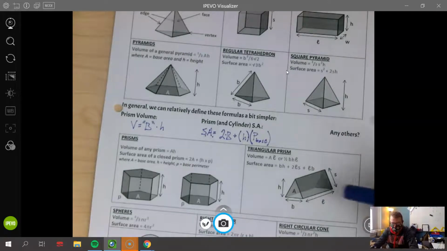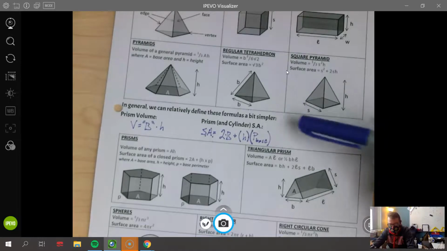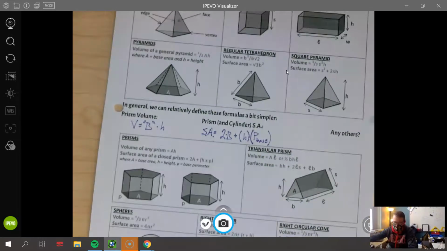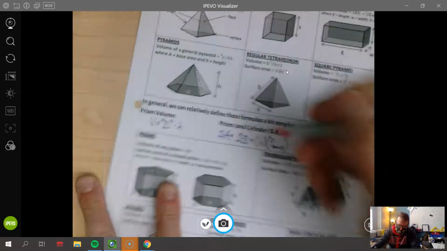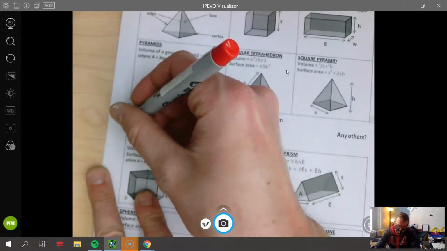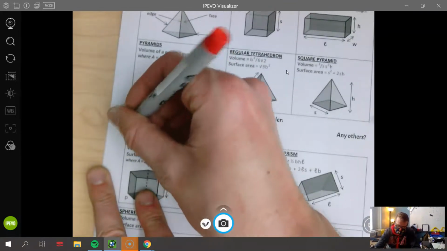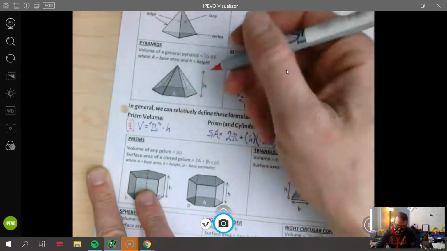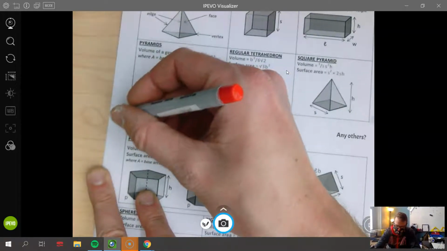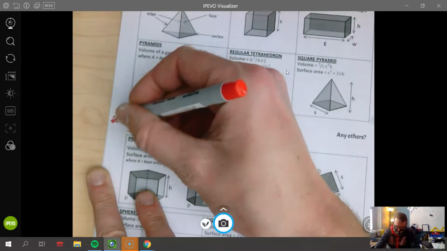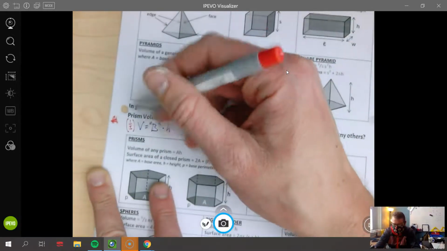Yeah, so for pyramid volume, it's the same as this, but then just 1/3. So for a pyramid, it's really just 1/3. You can make a little notation if you wanted. I can't draw a pyramid, but yeah, that's pretty simple.